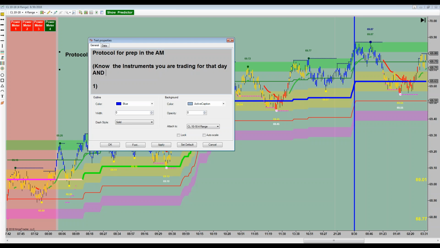And just as I said, they should all be preloaded and set, loaded into your workspace. That's just a given. That's not really prepping for trade. That's just background information that you know you need to do.